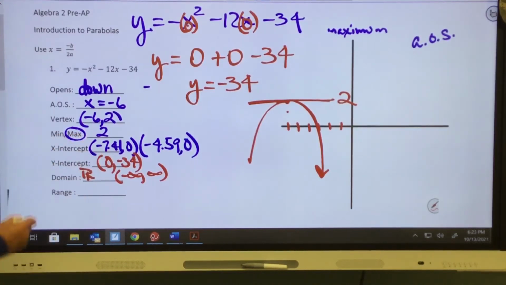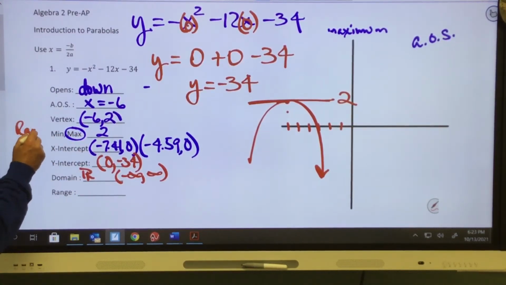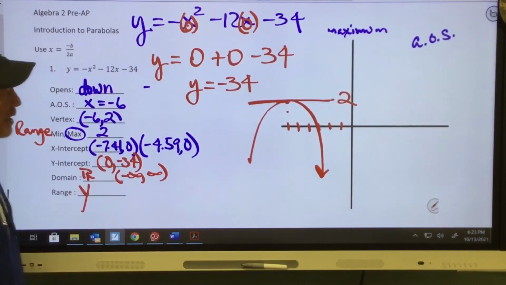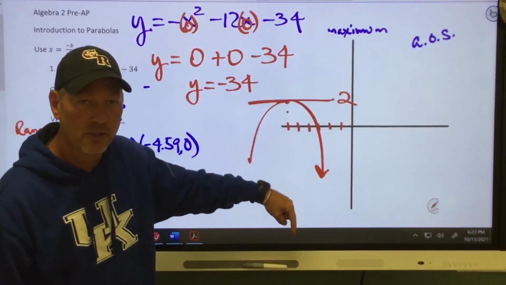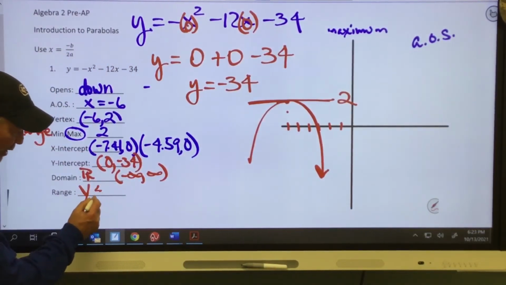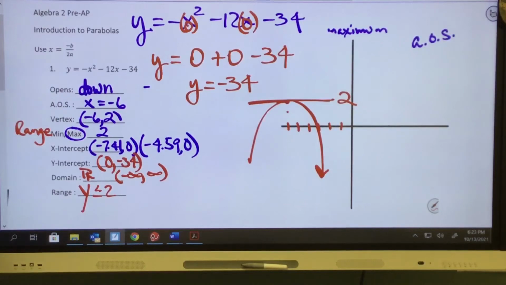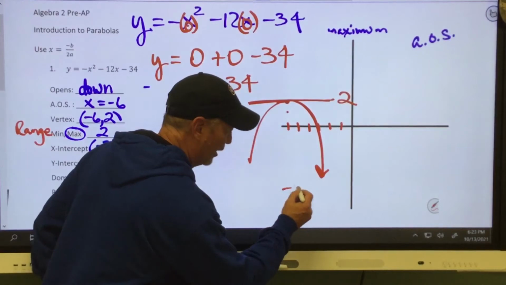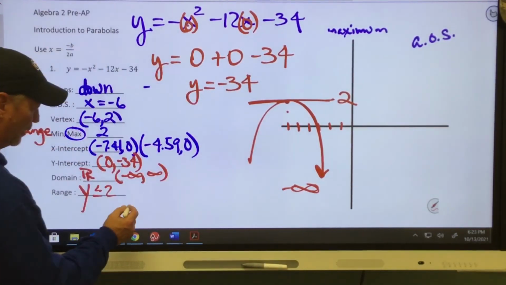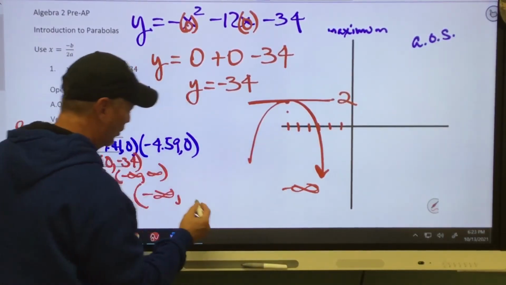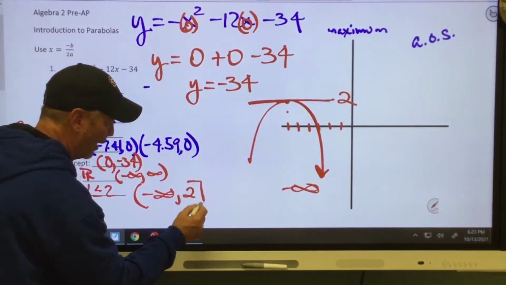You're going to use this number to help you find the range. So, my range, you're talking about your Y values. They're going downward, so we're getting smaller. You'd say my Y's are going to be less than or equal to 2. But I would prefer you to write it in interval notation. So you're going to tell me, Coach, we're down here at negative infinity, and the highest point that I'm going to go to is a positive 2 with a hard bracket.